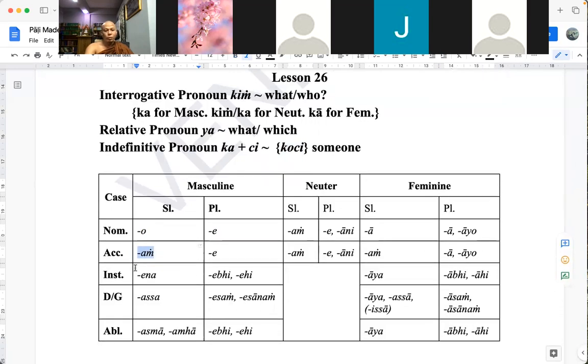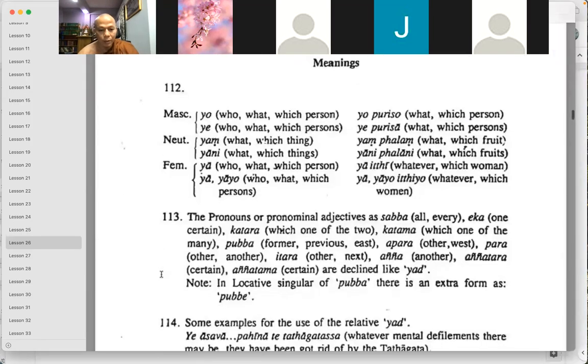The same way kena ci or kassa ci, in this way we form. In the neuter gender or the feminine gender, kaci, kayo ci, kaya ci, and so on. That information we can see in the Pali grammar easily.